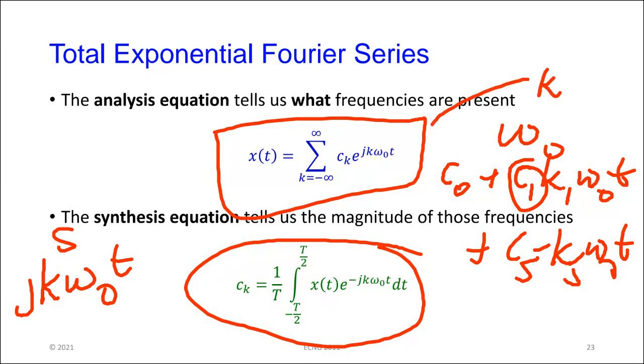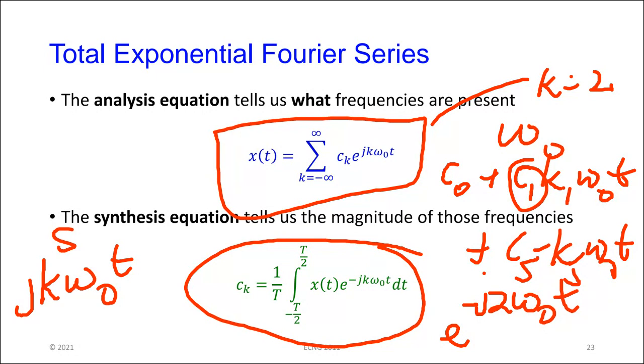If k is equal to 2, then this now will be e to the minus j 2 omega naught t. And you will be integrating x of t times e to the minus j 2 omega naught t, and you will get the value of C2 at that point.